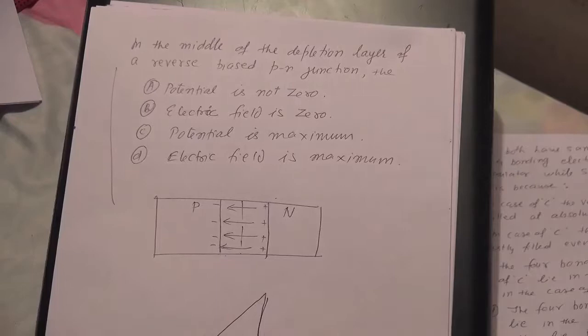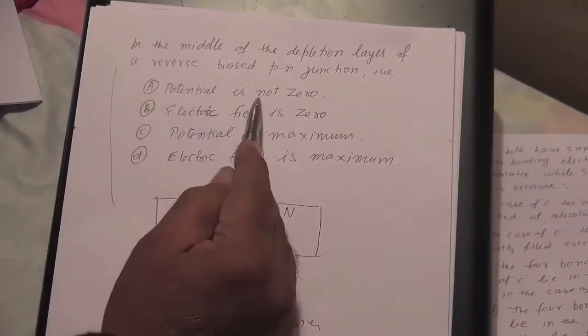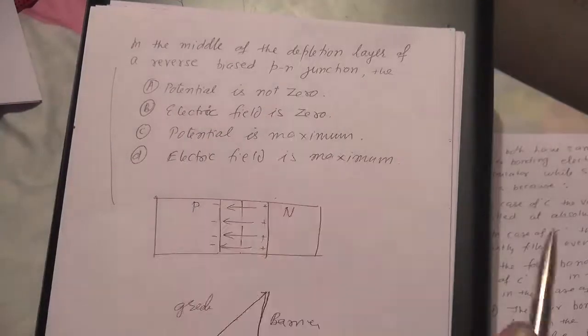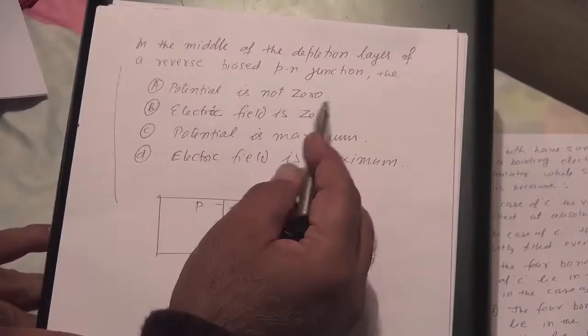This is the lower potential, zero potential. This is at a higher potential, zero, high. This is gradient. This is potential barrier. This is gradient. Okay. Now we come here. Potential is not zero. In a reverse bias PN junction, the potential is not zero.